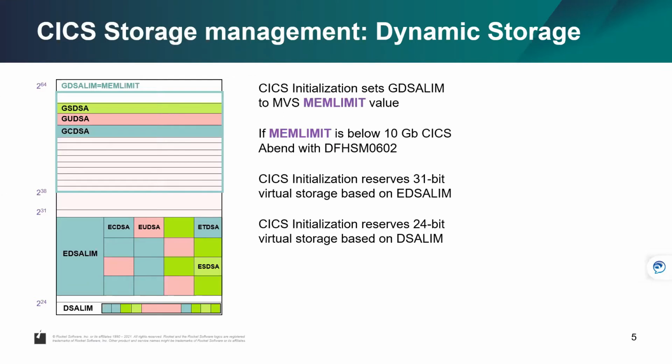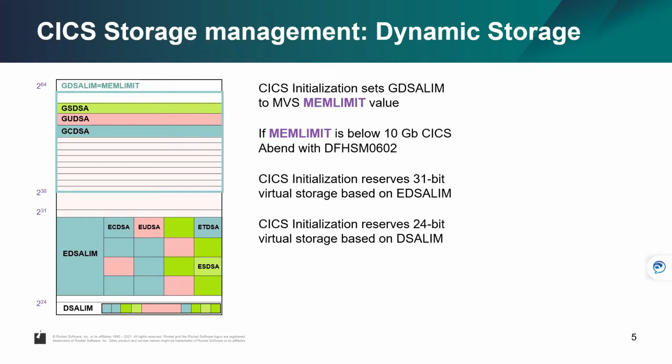And in most environments, unless you're doing something in the world of Java or you're doing your own assembler GETMAINs above the bar, there isn't much you're going to see above the bar, but you will see at least 1 gig in use by CICS at all times.